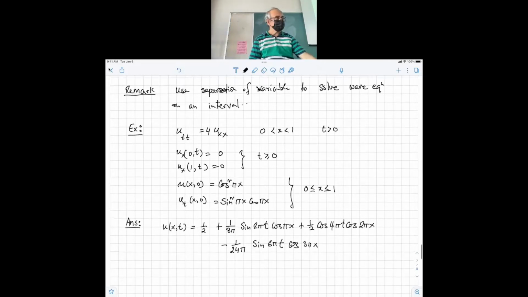This is a very good example to practice the separation of variables method for the homogeneous wave equation. And it is a nice one. You can follow whatever was in the previous example and you can get it.